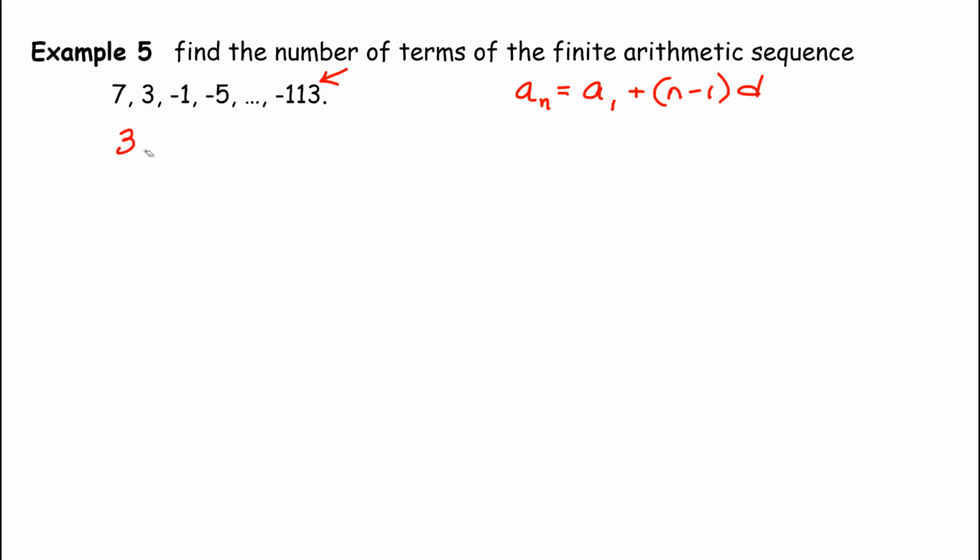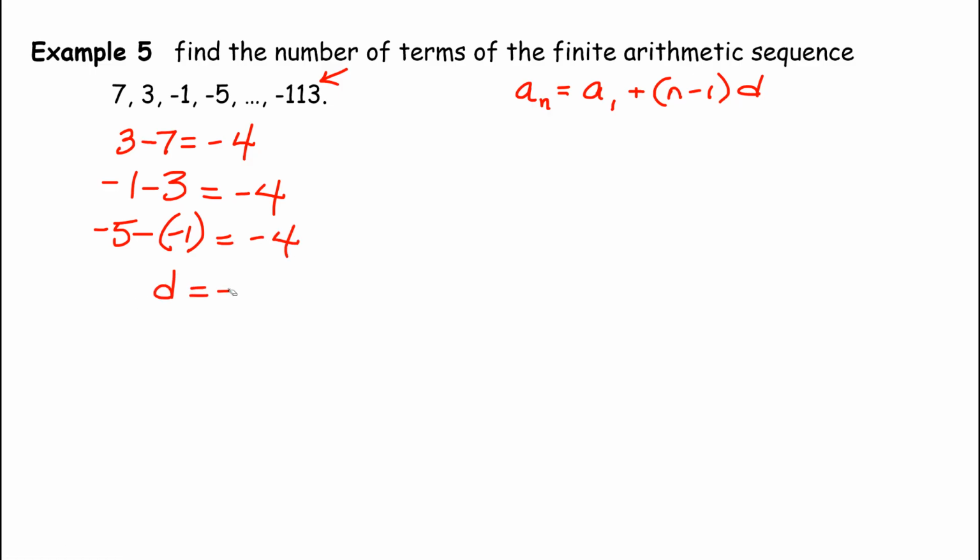If you take 3 and subtract the term before it, you get -4. If you take -1 and subtract 3, you get -4. If you take -5 and subtract the term before it, you get -4. And so we can see the common difference is -4.